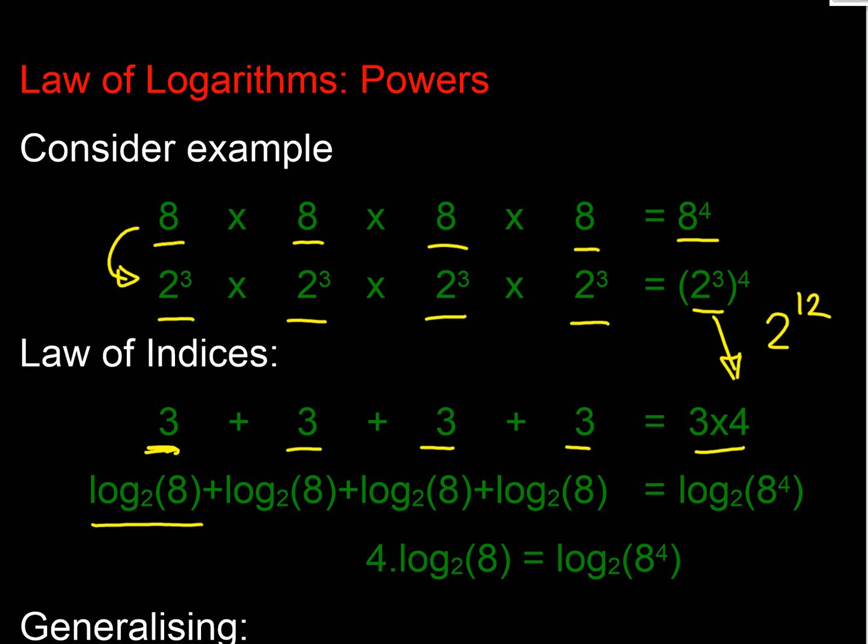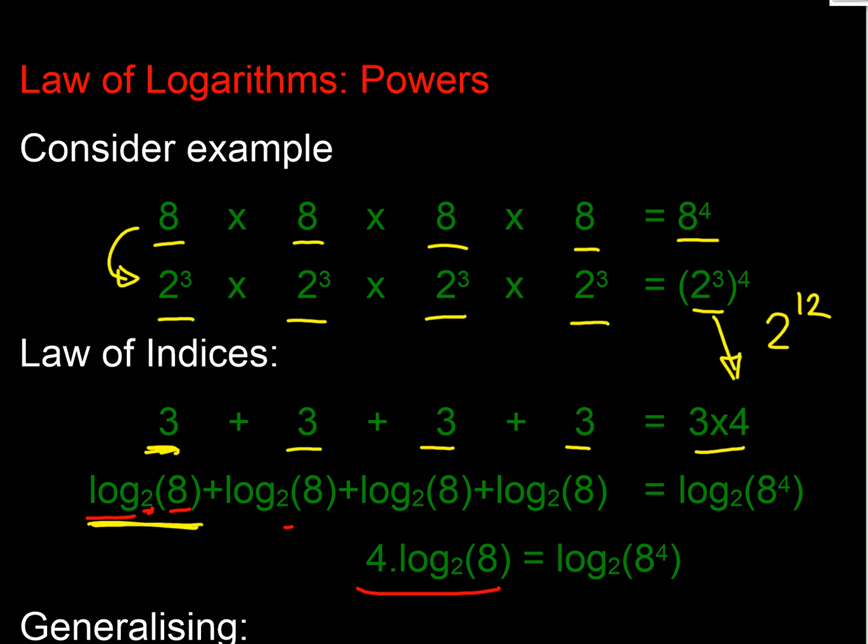if we're looking back at the 3's now, each one of those is equivalent to the log base 2 of 8, isn't it? Because, let's read it again. What power do I have to raise 2 to get 8? Answer 3. So we can write that 4 times. So we're absolutely clear that on the left-hand side, that's equivalent to 4 times the log of 8 to base 2.